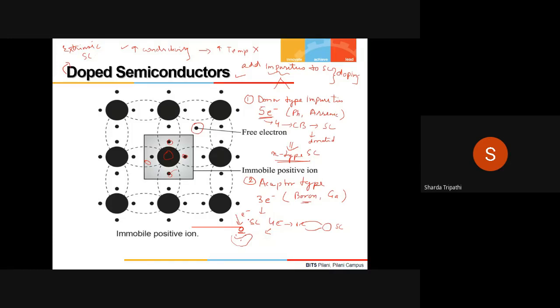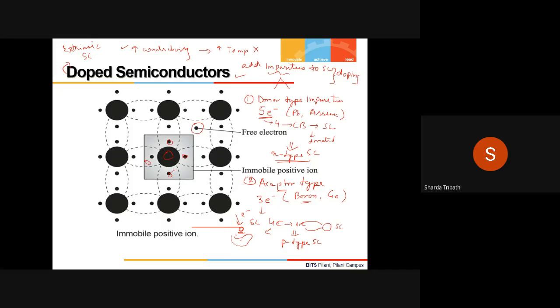Since this can accept electrons, that's why these are known as the acceptor type of impurities. And therefore the resulting doped semiconductor is known as a p-type semiconductor. Why p-type? Because the majority charge carrier is a hole, and we assume that a hole is carrying a positive charge.